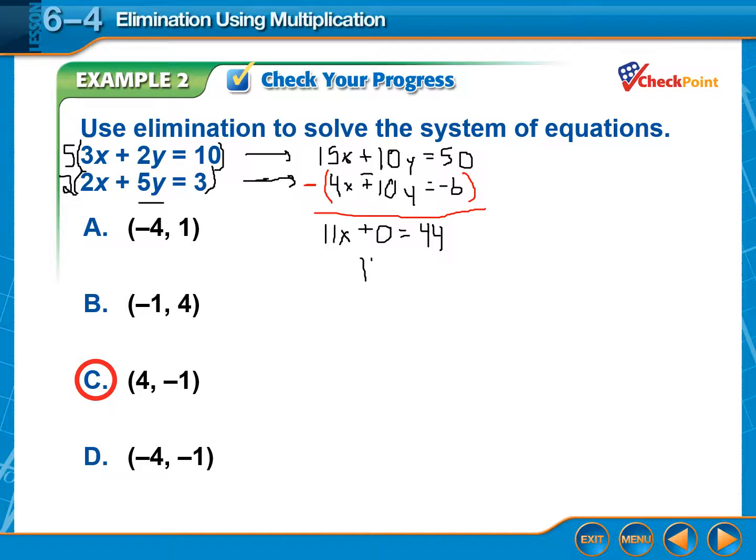So I've got 11x is equal to 44. So now I solve for x by dividing both sides by 11. So 11x divided by 11 is equal to 44 divided by 11. So x is equal to 4 here. So my x value for this system is 4.